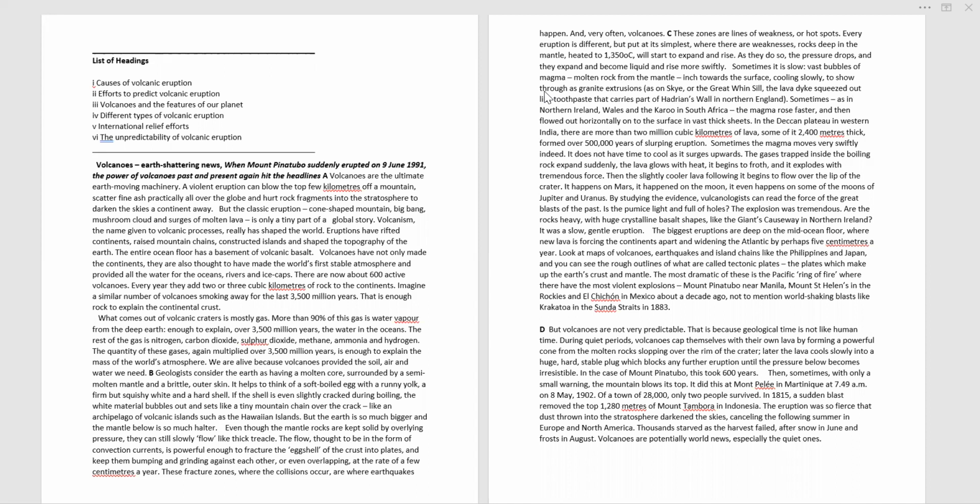B is 1, ma'am, causes of volcanic eruption. Yeah, that's right. What is C and D? D, I have written 6, and C, I have written 1. No, D is fine, that's 6. But obviously, C you would need to look.